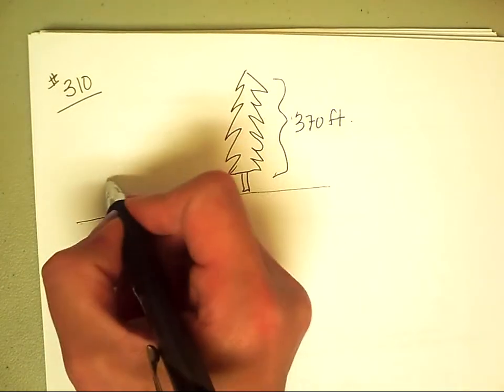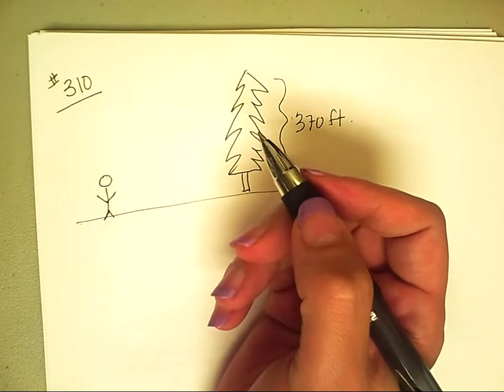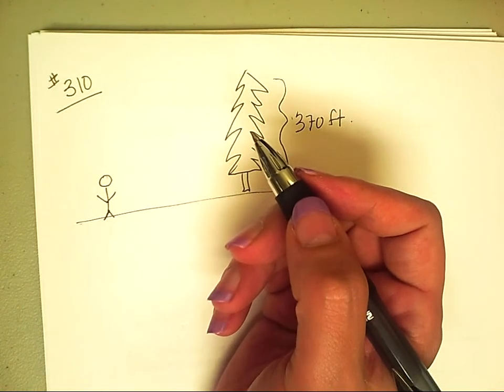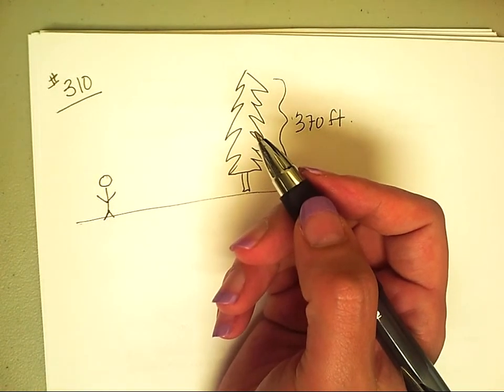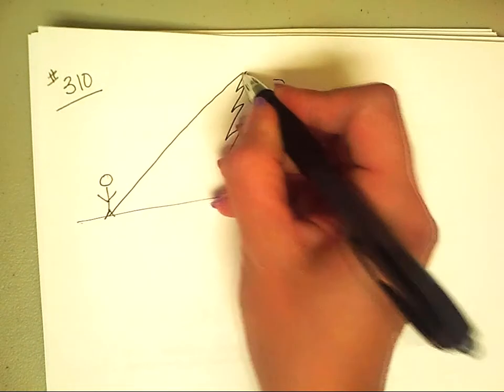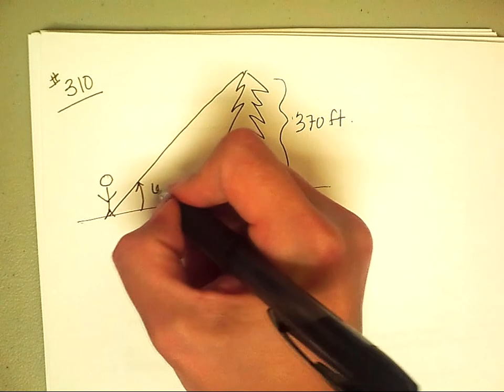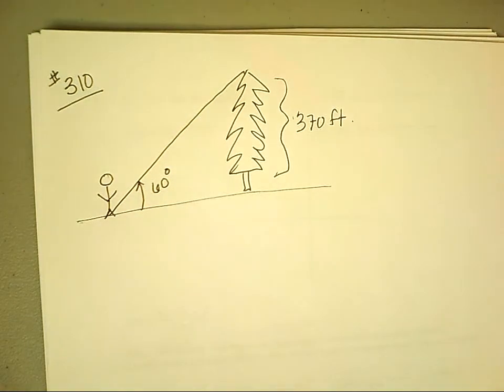Now, there's a person there, and they walk a certain distance. So that means they don't know how far they've walked, but they're going to measure the angle of elevation to the top of the tree. So this is the angle of elevation, and we are told that that is 60 degrees.